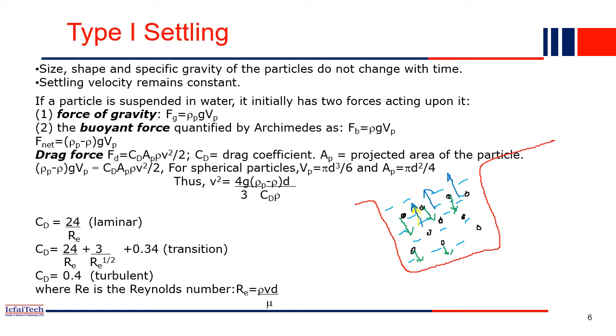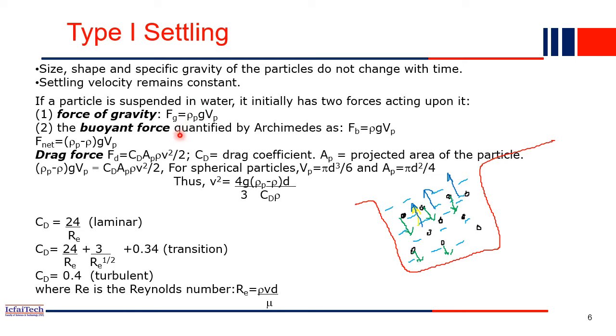So now you understand two forces are acting on each particle. One is the gravity force acting downward, and the other is the buoyancy force, by Archimedes principle, acting upward. We know what the gravity force is.